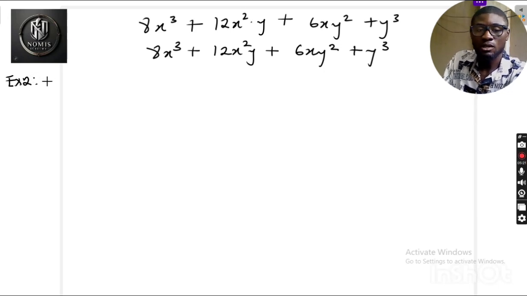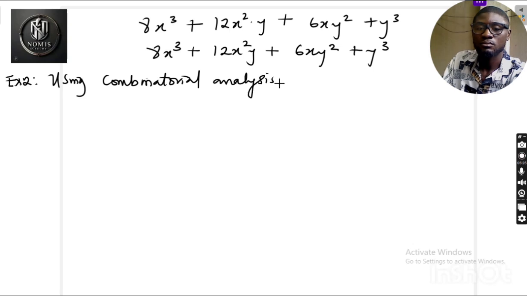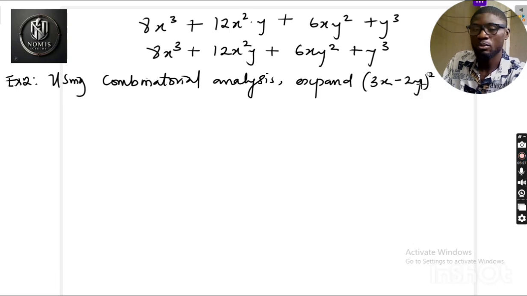Example number 2 says, using combinatorial analysis, expand (3x - 2y) raised to the power of 2. So in this case it's just 2. So let's get into the solution.